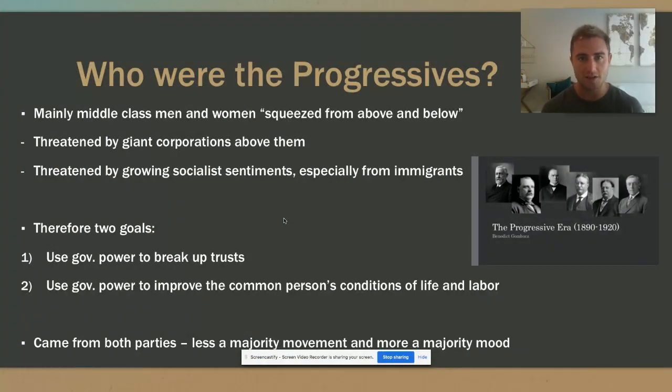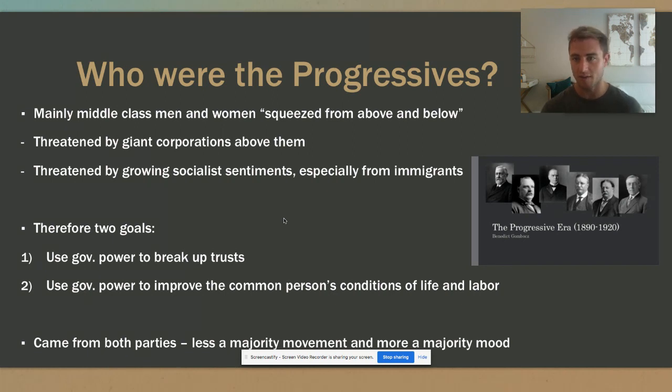Who are our progressives? As I mentioned, middle class men and women. And there are kind of two reasons why the middle class especially become progressives. Above them, we have the big business, the giant corporations that are having a bigger and tighter control over more and more of the nation's wealth.